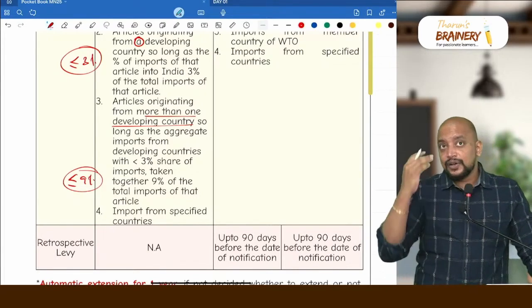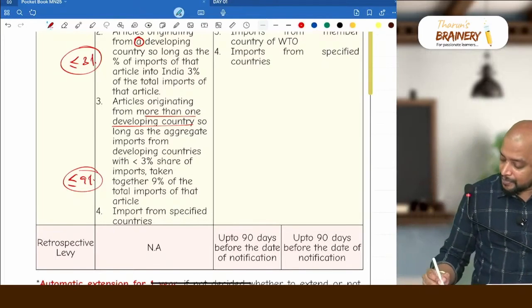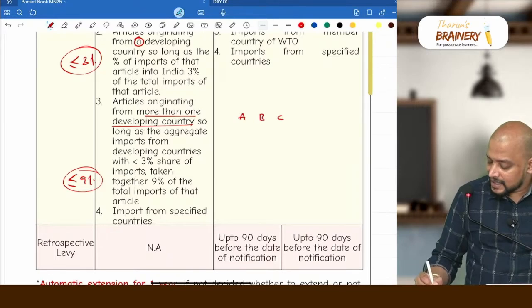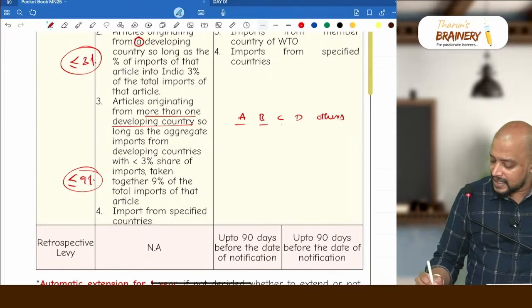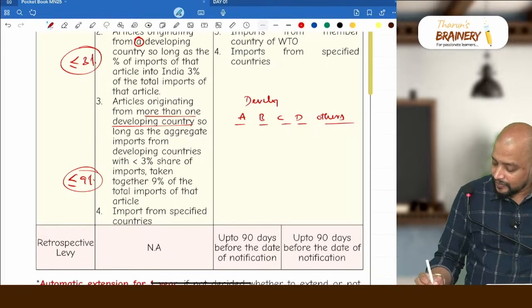And while taking, only those less than 3% should be taken together as a group. Say for example, A, B, C, D and others. A, B, C, D are developing countries, and this is developed countries. Now we need to see the share.